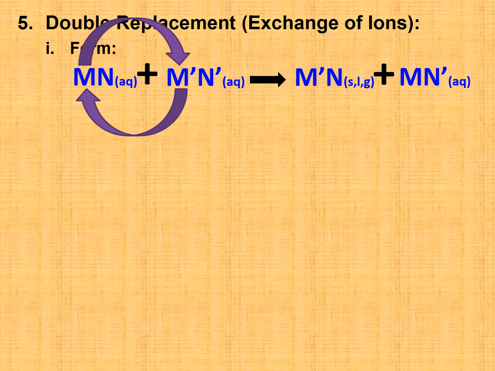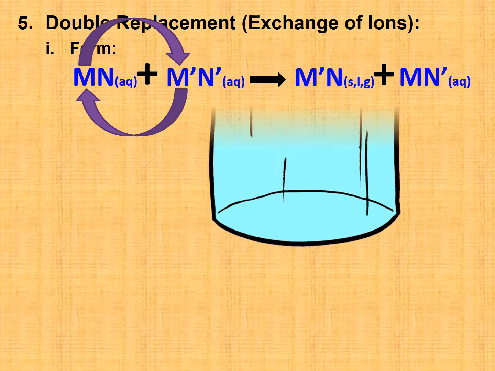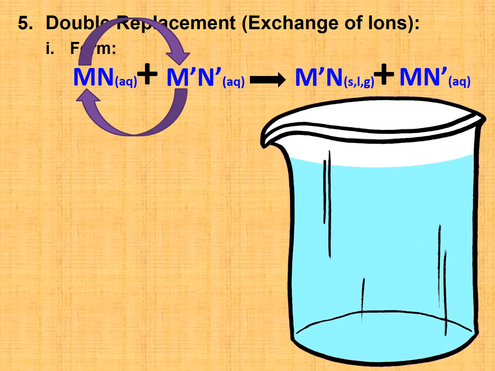This may be true when the compound exists in solid form, but the symbol aq means that the compound is soluble in solution. It means that the compound exists in a water solution. So what we really have is not MN, but rather two ions surrounded by water molecules.